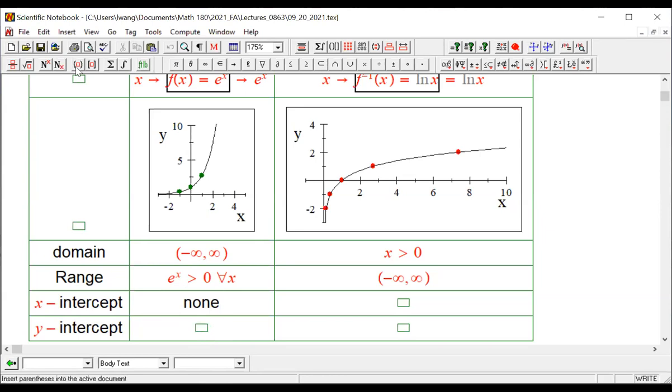What is the y-intercept? That's right. How about ln x? What's the x-intercept? What's the y-intercept?